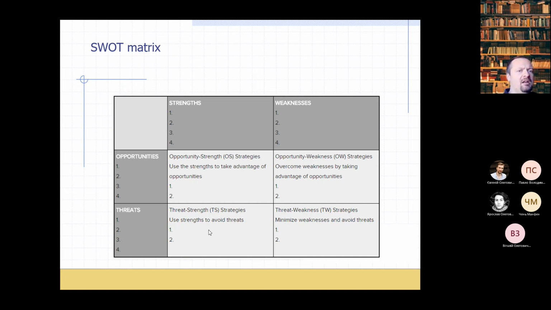Okay, the next, how to use strengths to decrease the influence of the threats. For example, our strength is a good reputation of our company, and it is a very big threat to lose customers because of this war in Ukraine. So maybe we can use our good reputation to communicate with people, to support our interrelation with the customers.